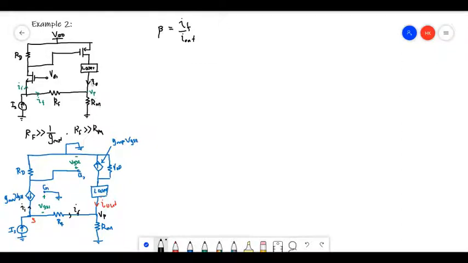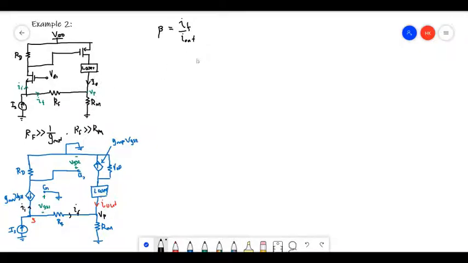Since this RM resistor is very small compared to RF, we can consider that the output current does not go through this RF resistor. In other words, the current going through this RM resistor is I out.